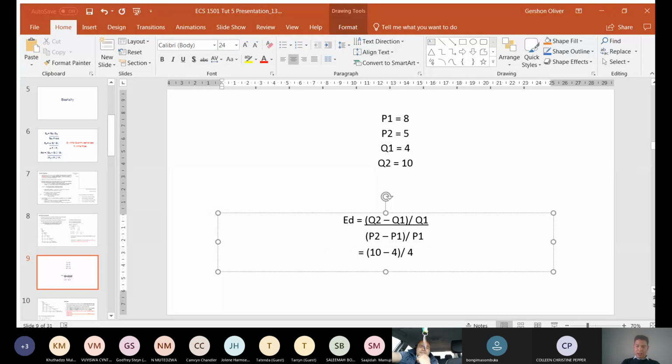Once you start doing this after a few times, you realize that these two numbers are going to be the same because it is the same. What is P2? P2 is 5 minus 8, divided by 8.